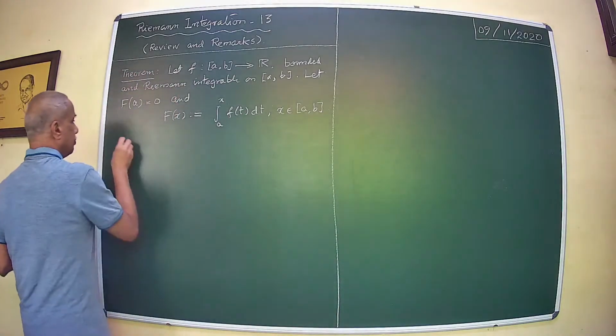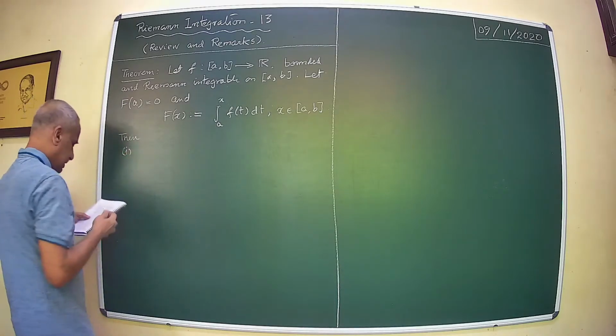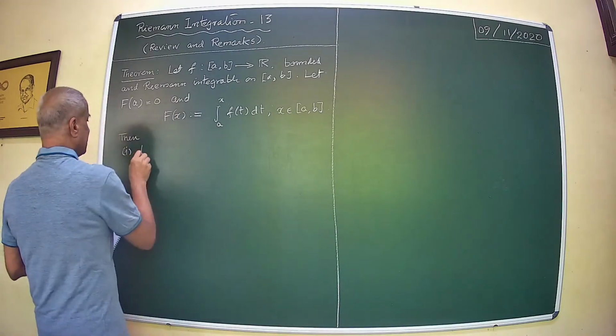Then the following. The first inference is that F is uniformly continuous.